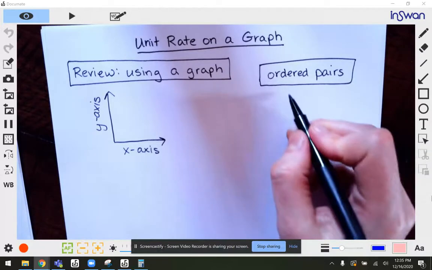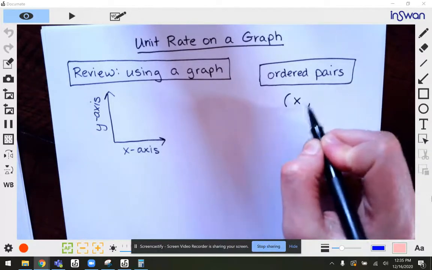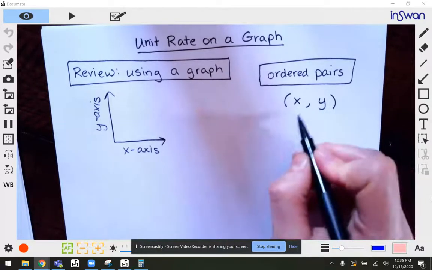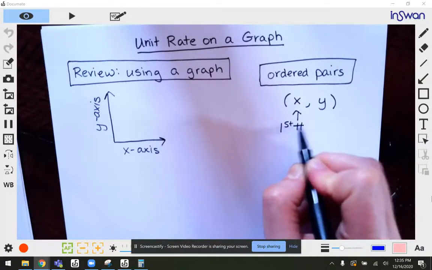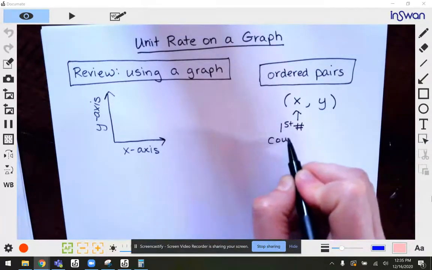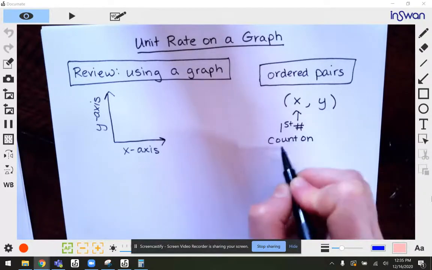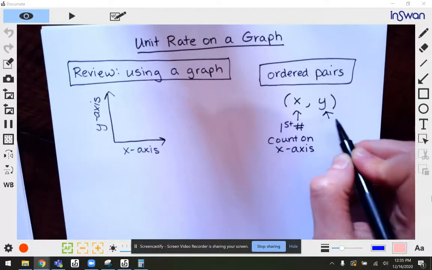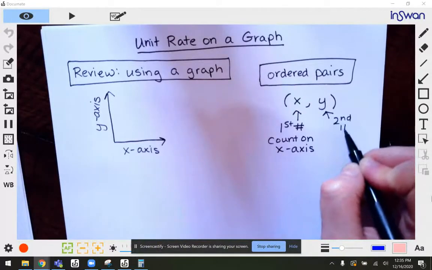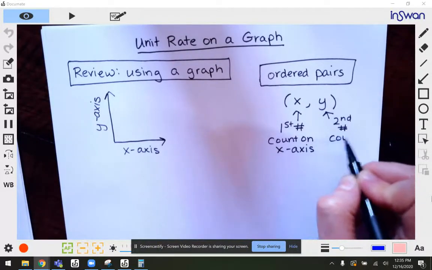And the ordered pairs go in this order, x, y. So the first number in the pair is going to be counted on the x-axis. And then the second number you're going to count on the y-axis.